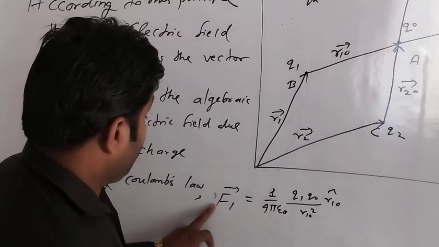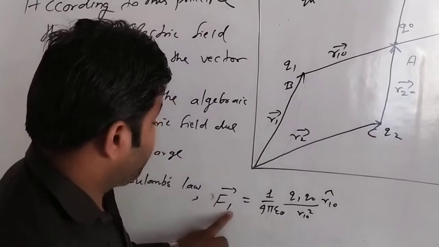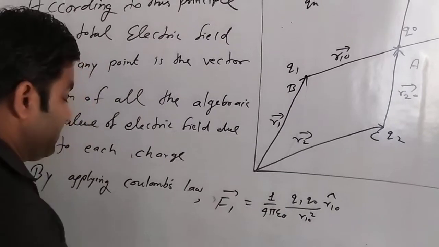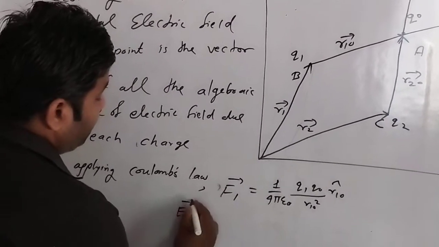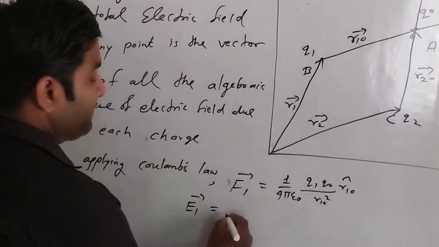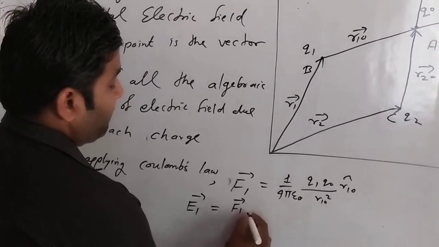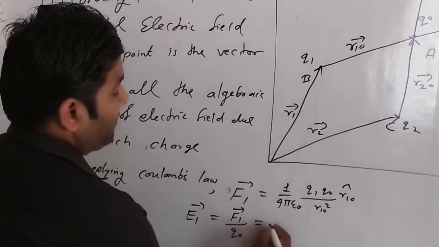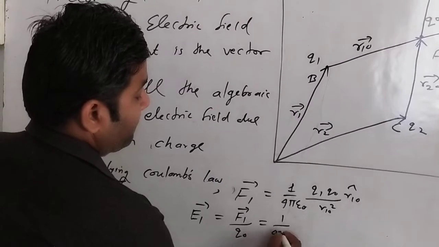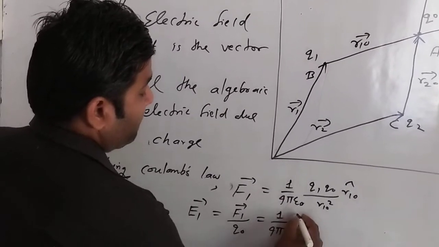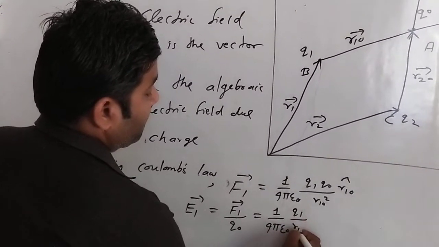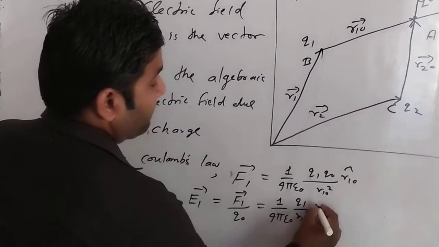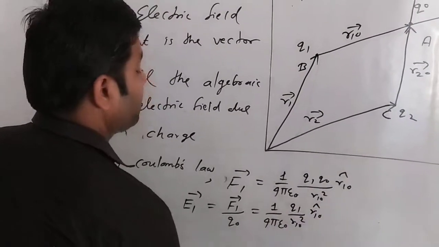Then when we divide this force by the test charge, the electric field intensity E1 is equal to F1 upon Q naught, equal to 1 upon 4 pi epsilon naught, Q1 upon R1 naught square, R1 naught unit cap.